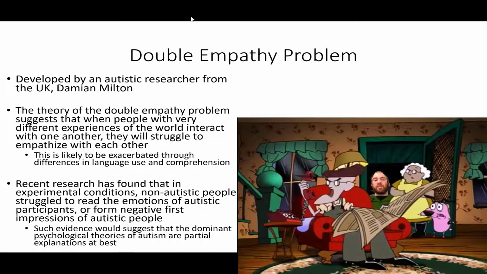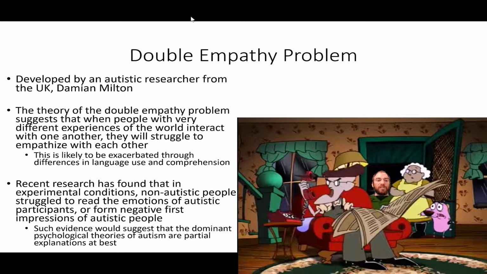And specifically for the double empathy problem, Dr. Milton argues that people experiencing the world in very different ways will be prone to lack empathy for each other or struggle to empathize with each other. In the case of autistic individuals, this can be exacerbated due to differences in language use and comprehension. And there's empirical evidence for this.